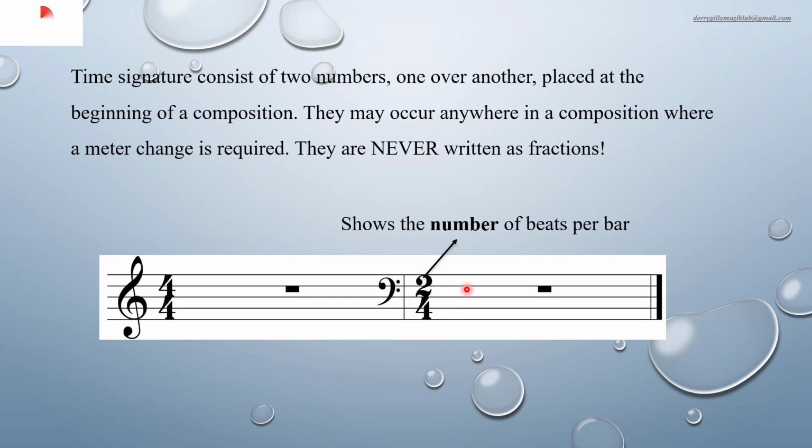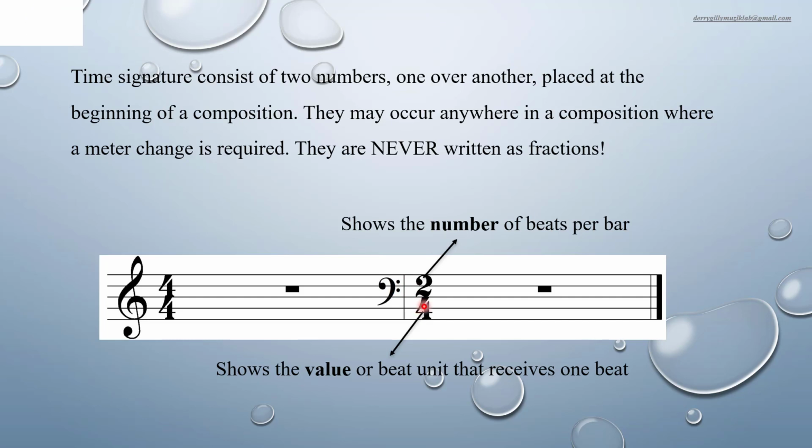So you can see that the first, or top, number shows the number of beats per bar. So this one is showing the number of beats. In this case, this one is 2 beats. If you look at this one, this is going to give us 4 beats. So this one shows us the number of beats per bar, and then the second one shows us the value or beat unit that receives 1 beat.